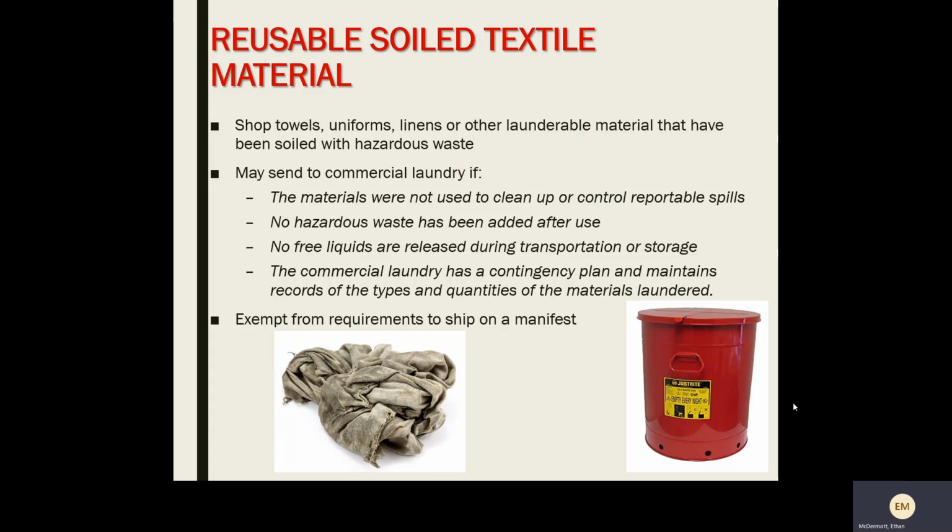If you're not sure if your commercial laundry meets this criteria, just ask. If all of the criteria are met, you are exempt from certain hazardous waste regulations, such as the requirement to ship hazardous waste on a manifest. We'll go over shipping documents in the next section.